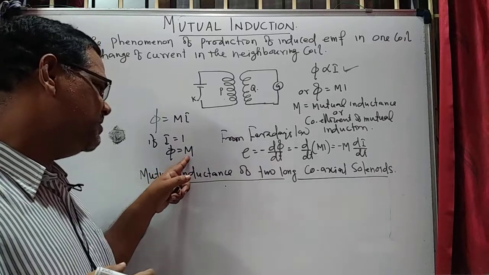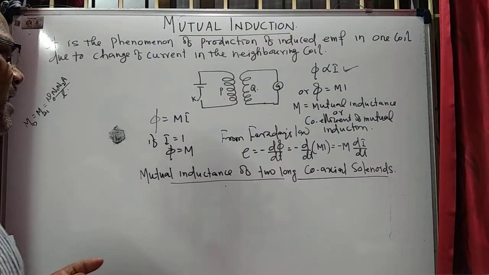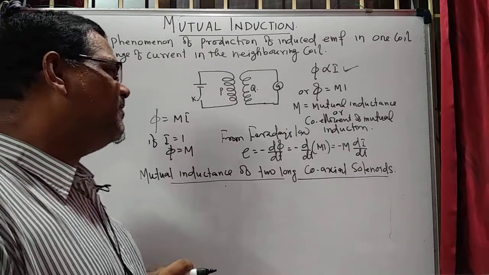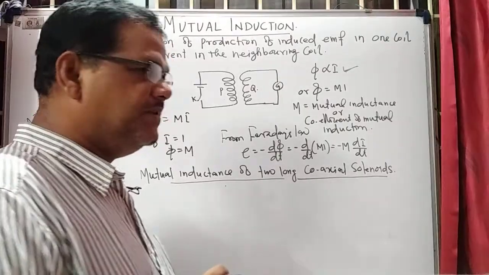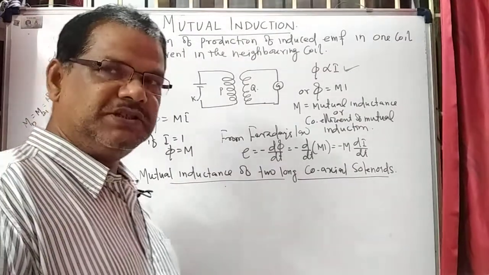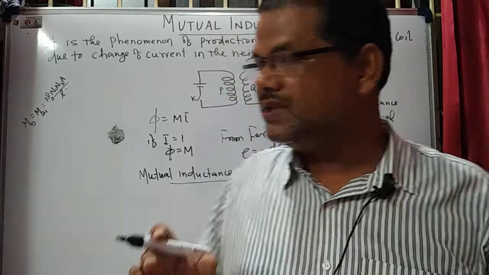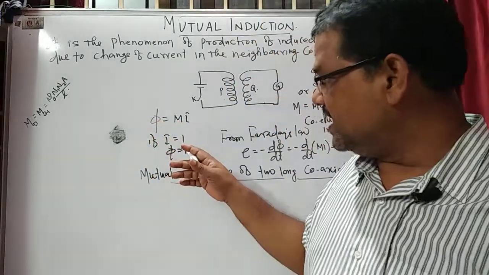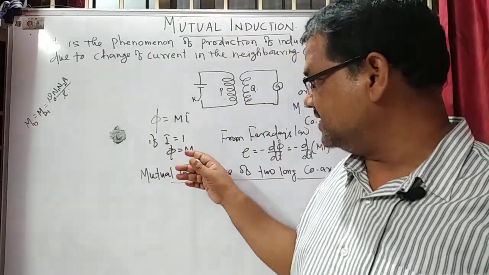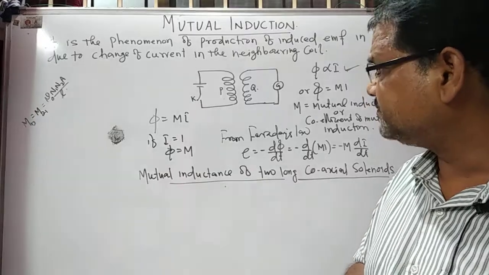The mutual inductance of two coils is defined as the flux linked to the secondary coil whenever unit current flows in the primary coil. In this manner we can define the mutual inductance of two coils.